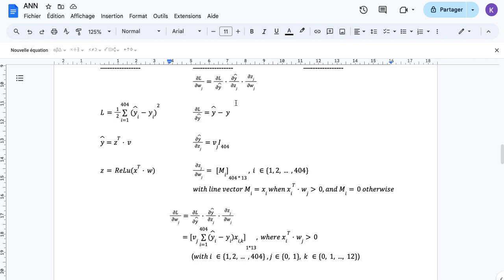We know from above that the partial of the loss function with respect to y hat is equal to the difference between the prediction vector and the target vector.